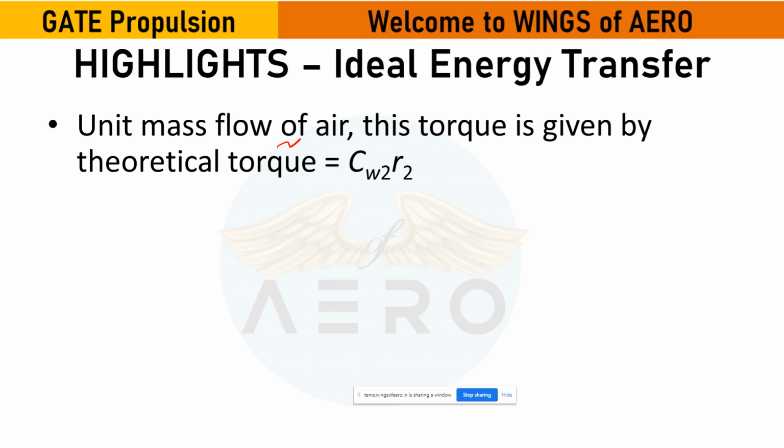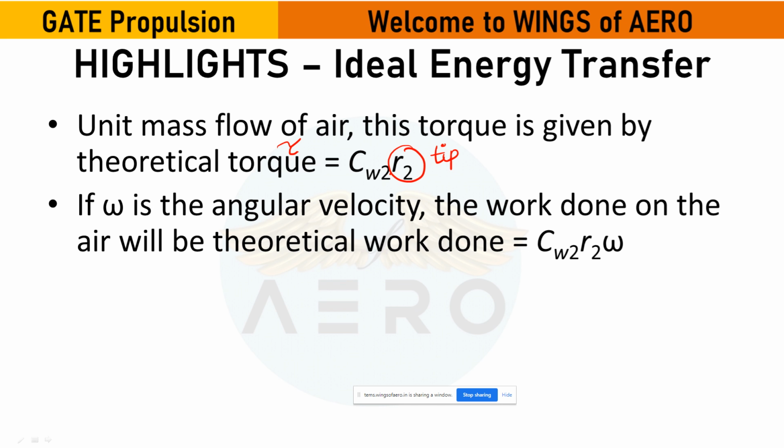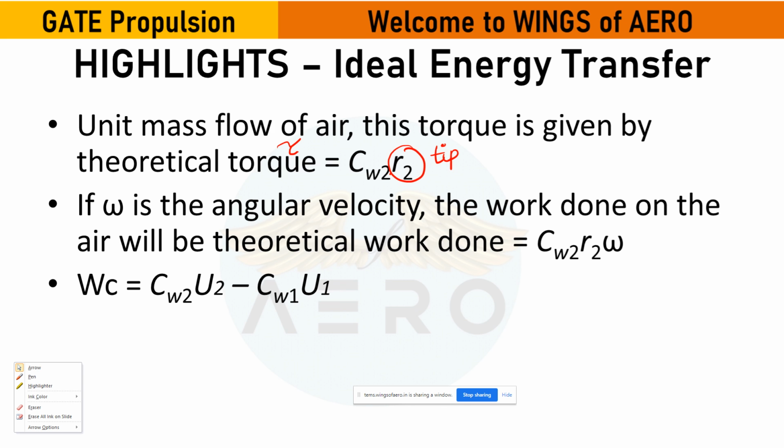Theoretically it can be written as Cw2 into R2, where R2 is the impeller tip radius. Next we have the angular velocity. If omega is the angular velocity, then the work done can be written theoretically as this.